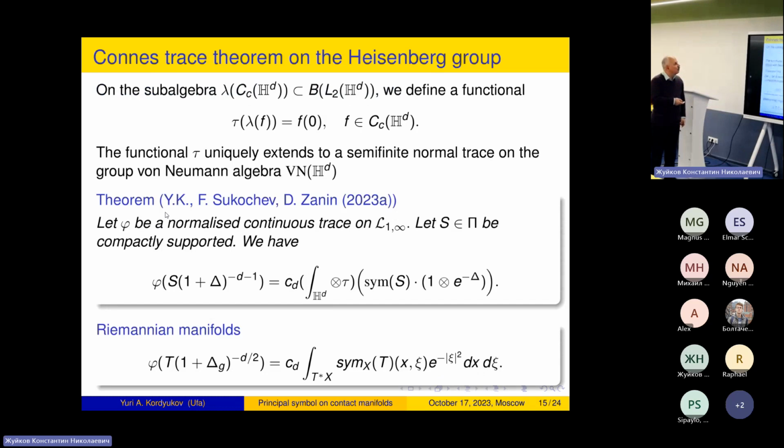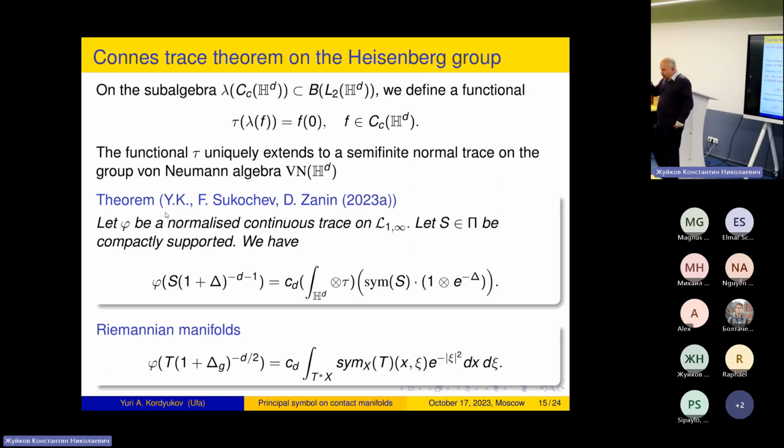And now we can also formulate a Connes trace theorem on the Heisenberg group. So we take this hypoelliptic Laplacian delta. We have any phi, and we take S, which belongs to our algebra and is compactly supported to avoid problems with non-compactness of the Heisenberg group. And you can compare. I take the same. You may ask why I take d plus 1 instead of d over 2.